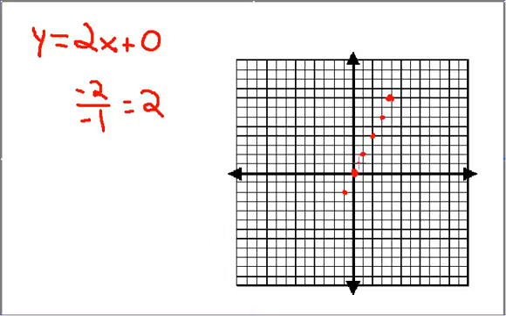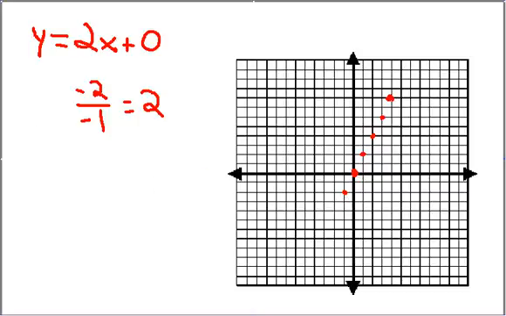So even though we typically start off by graphing by going toward the right, if I had done the same thing but going left, I would do my rise first, which would be a negative, and then I would do my run, which would also be a negative, and then two negatives counteract each other in that division and make a positive. So we can see that it's still a positive slope.